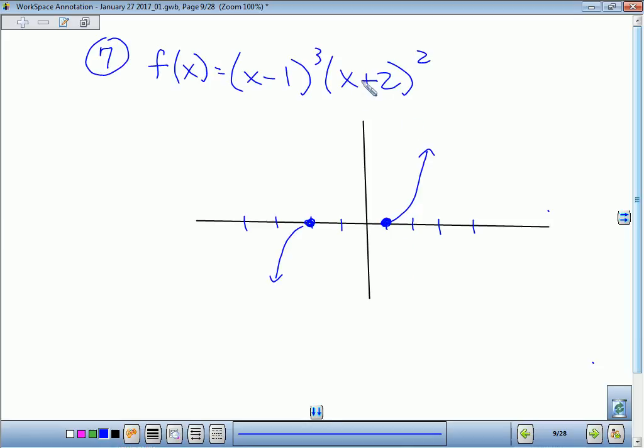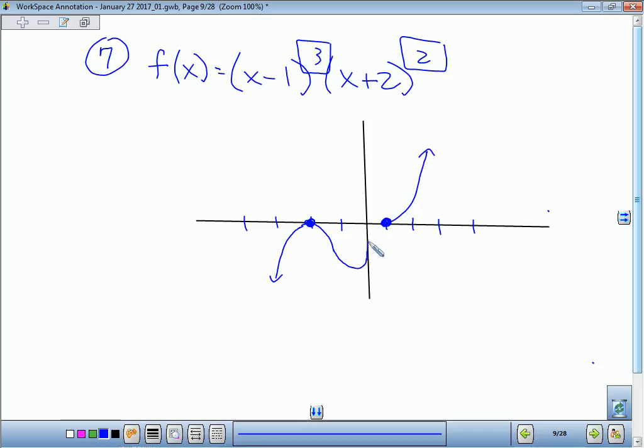-2. This factor has a power of 2. So it's even, it will bounce. This factor has a power of 3, which means, okay, so this is odd multiplicity.